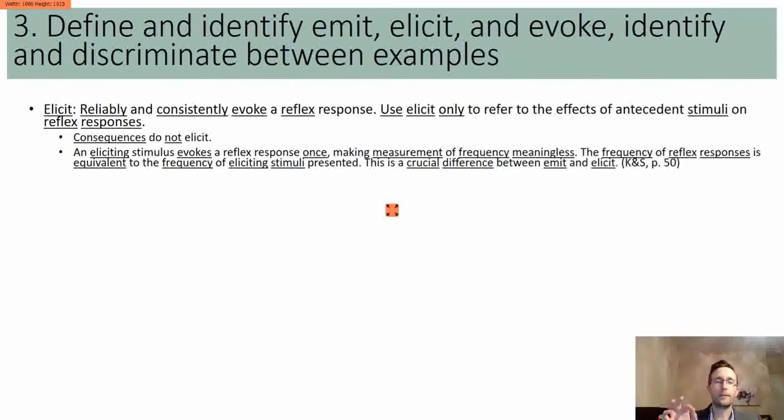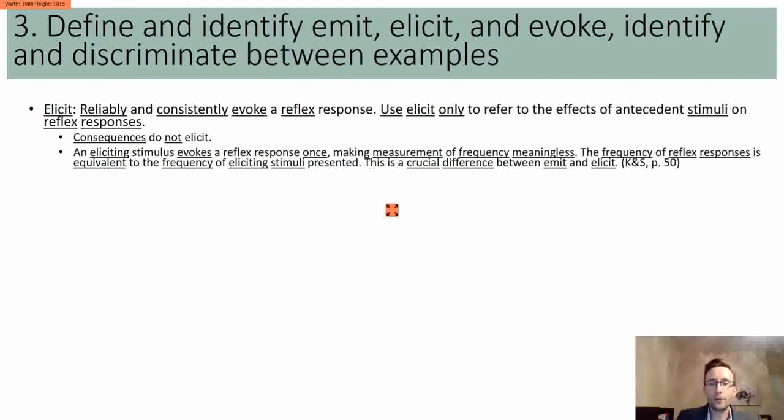Presenting a puff of air is not going to elicit 3, 4, 5 blink responses. It's a one-to-one relationship, right? So an eliciting stimulus evokes a reflex response once. So it doesn't make any sense to record or measure the frequency of eye blinks because it's dependent on the number of times you present the stimulus.